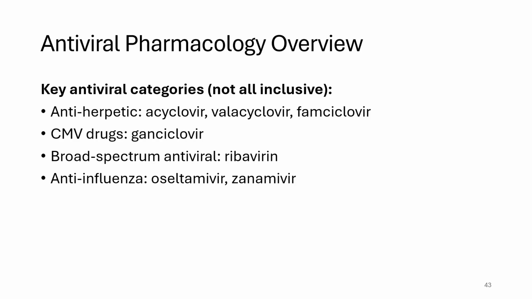We also have some broad spectrum antivirals like ribavirin, used less commonly but may appear, as it has general antiviral coverage, but it does have significant side effects. And then finally, our anti-influenza medications, oseltamivir and zanamivir. These are neuraminidase inhibitors, most effective when started early, within 48 hours of symptom onset.